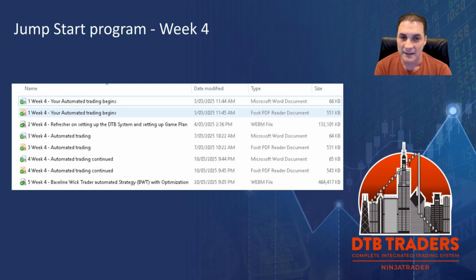This week ensures that anybody running the game plan or the automated strategies knows exactly what they are doing, and ensures consistency. It doesn't help doing a half job or not doing it effectively. This ensures that you are 100% set up properly to trade the game plan strategies, as well as the other strategies.